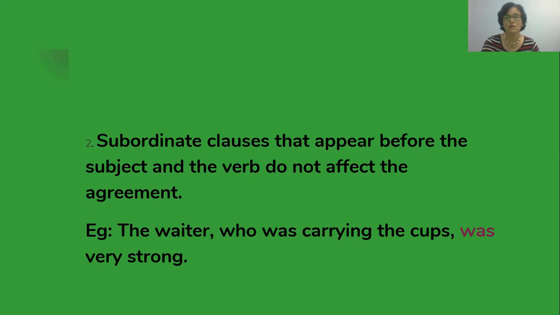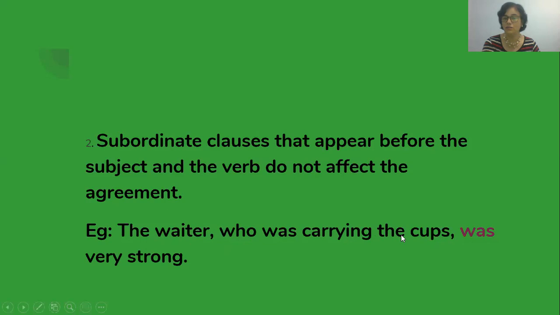The next rule, a subordinate clause. Subordinate clauses that appear before the verb do not affect the agreement. So here we have a clause, who was carrying the cups. And we have the subject here, the waiter. A clause is a part of a sentence that does not make complete sense. Who was carrying the cups is the clause, and the waiter is the subject.